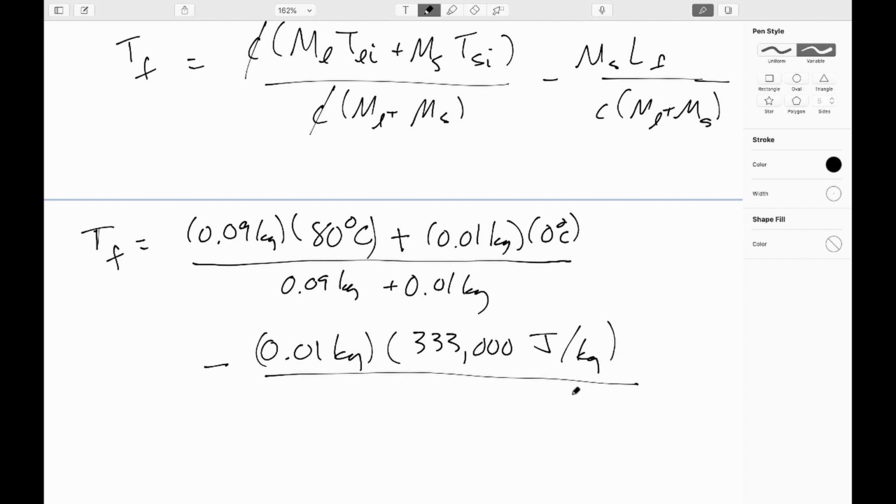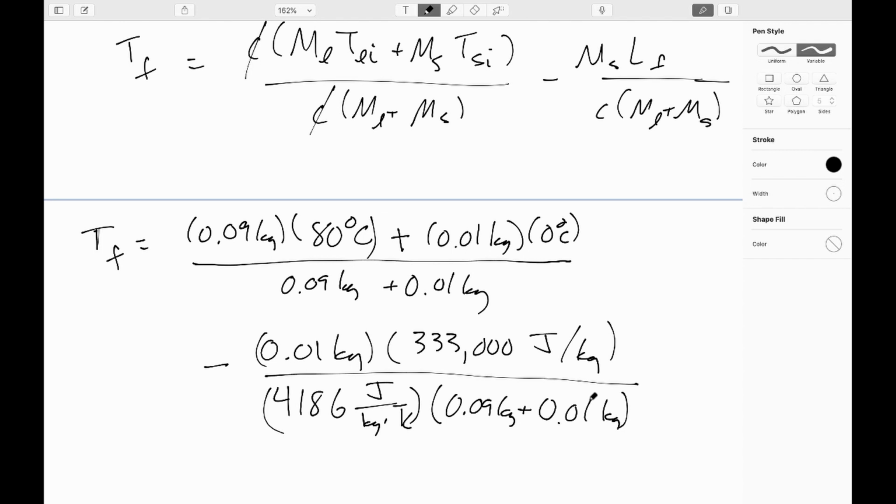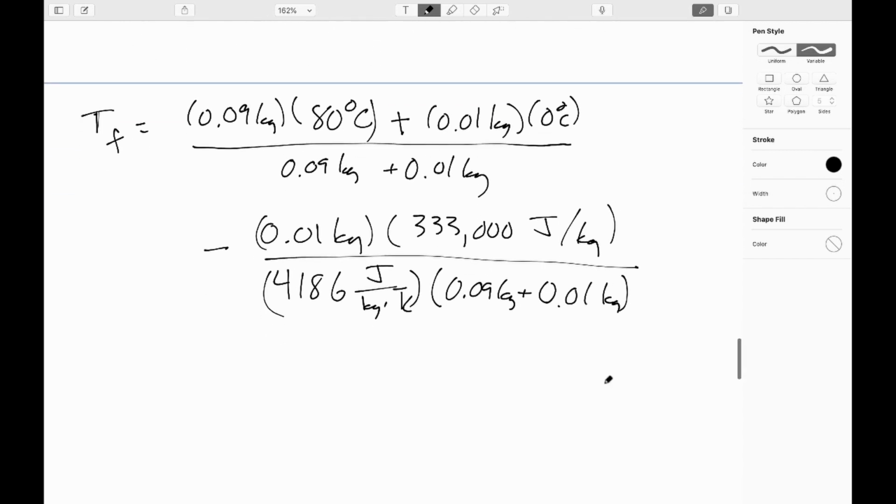And we will be dividing by the specific heat of water, which is 4,186 joules per kilogram Kelvin, times 0.09 kilograms plus 0.01 kilograms. Whew, that is a lot. Anyway, when you grind it all through, you get 64 degrees C, which is something to be happy about.